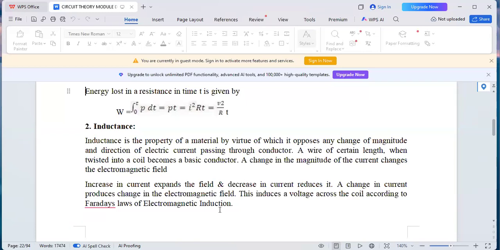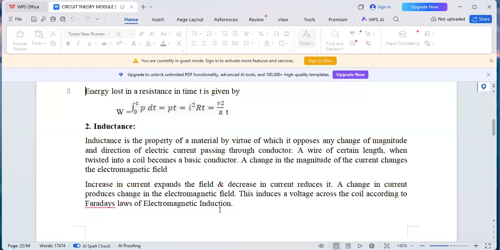A wire of certain length, when twisted into a coil, becomes a basic conductor. A change in the magnitude of the current changes the magnetic or the electromagnetic field.